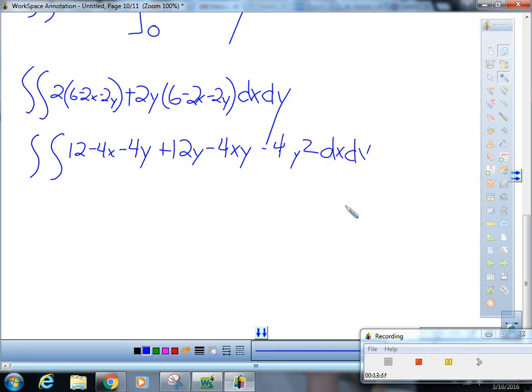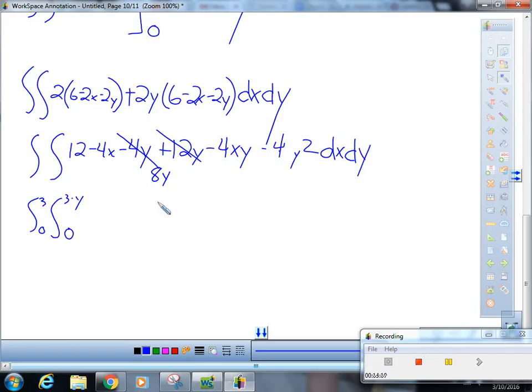Got our signs right? Plus, minus, minus, plus, minus, minus. All right, so we can combine just the y's. Is that all we can combine? So I'll kind of do this to make it a little easier on ourselves. 8y, right? That's what we should have there.